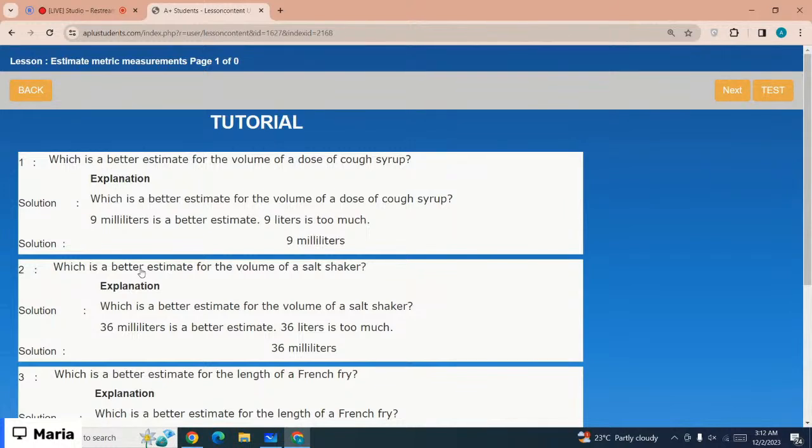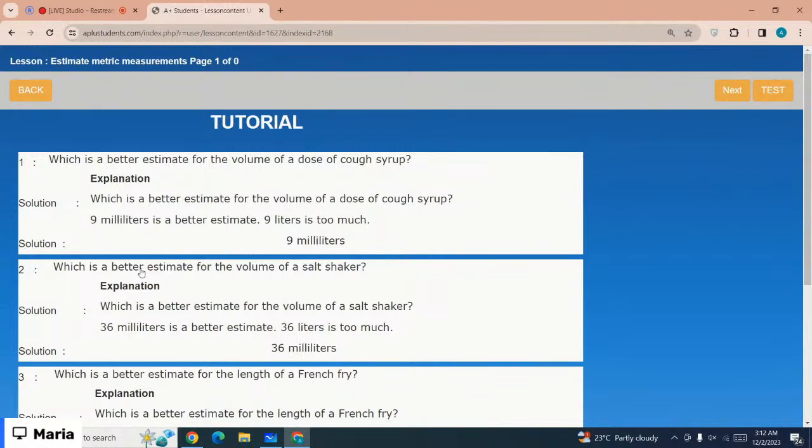Okay, which is the better estimate for the volume of a dose of cough syrup? You are given two options, 9 milliliters and 9 liters.